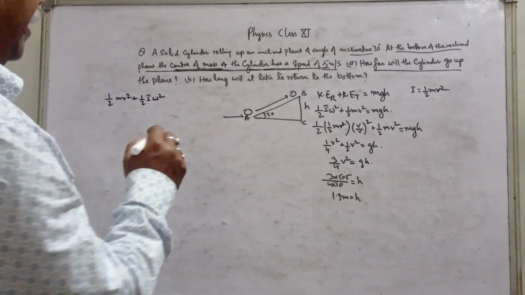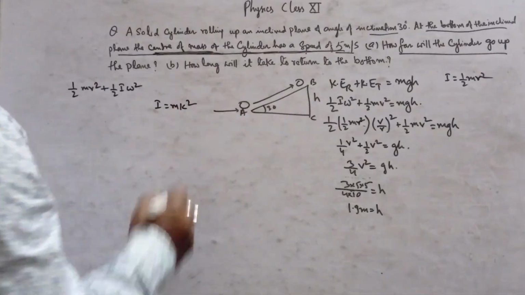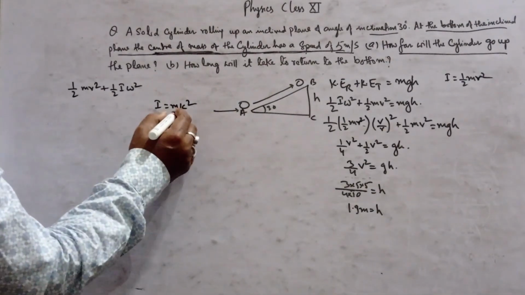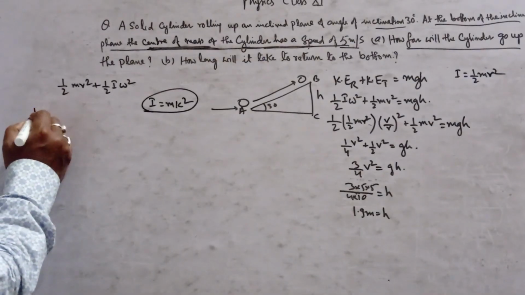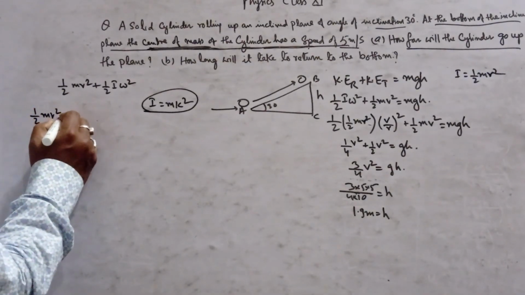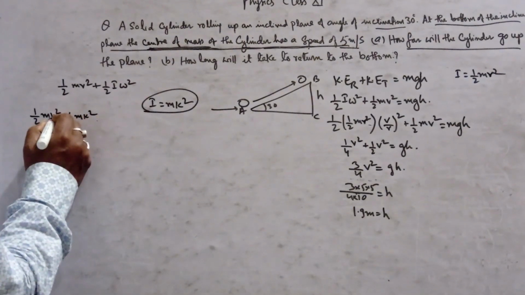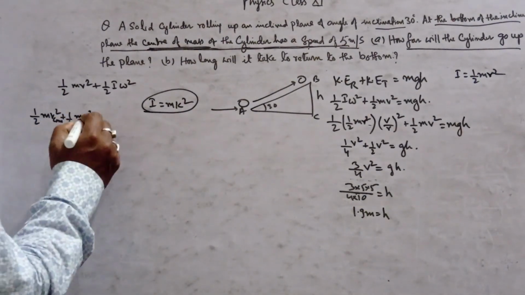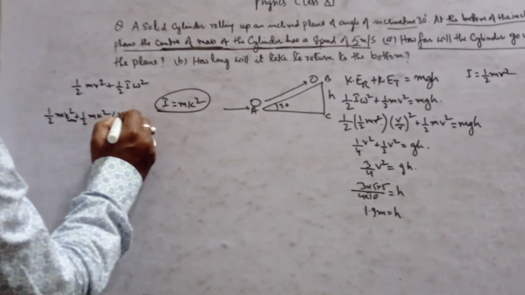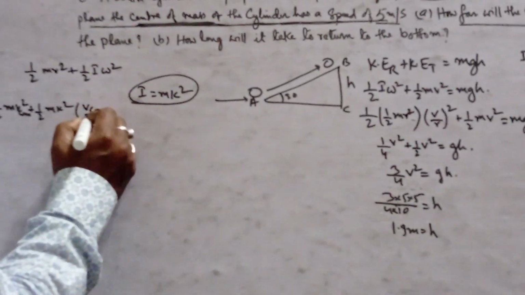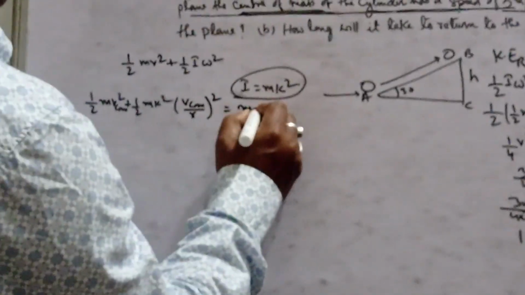But here I we are going to take as m k square, where k is the radius of gyration. So this is equal to half m v square plus half m k square, with v com, the velocity of the center of mass, by r, the whole square, equal to mgh.